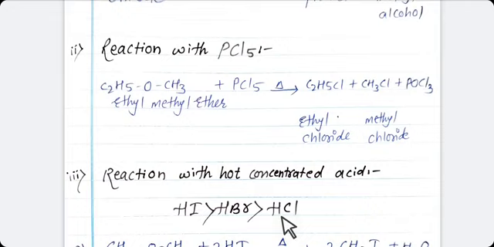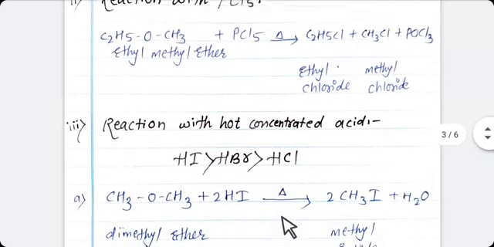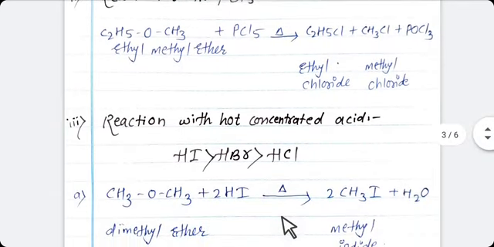When you are taking a single quantity of HI, it forms alcohol and alkyl halide, and when you are taking double quantity of HI, it forms alkyl halide and water. We are using here HI in the double quantity.